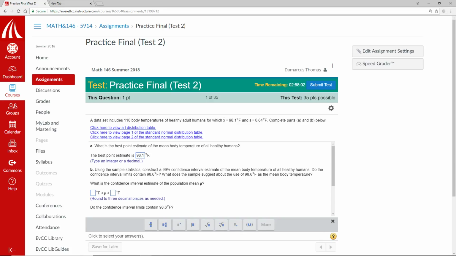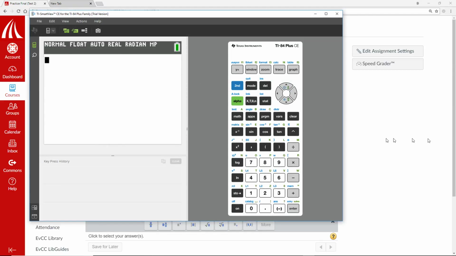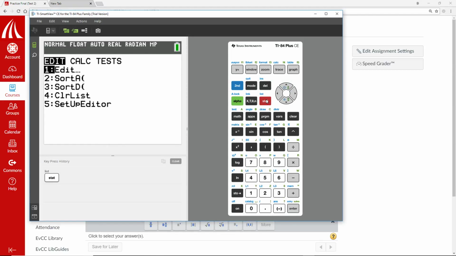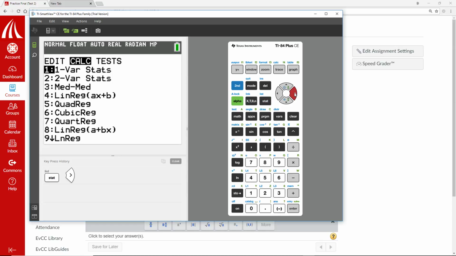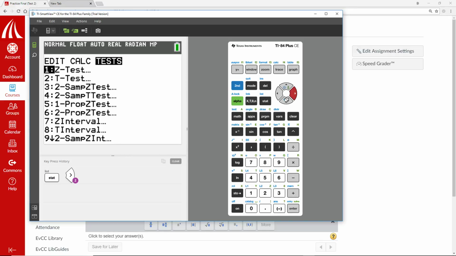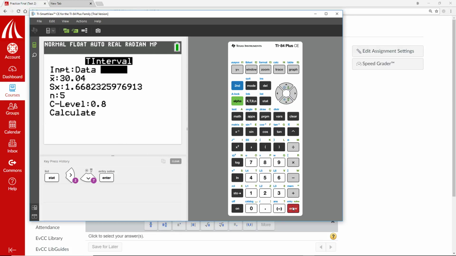So I'm going to take out my calculator and go to confidence intervals for the mean. We go over to tests and all the way down to t-interval. The t-interval should work for me. I'm given the sample stats: the mean, the deviation, and the sample size.